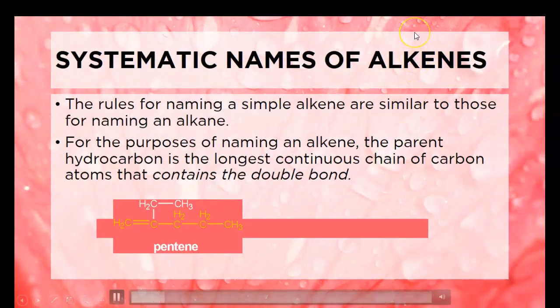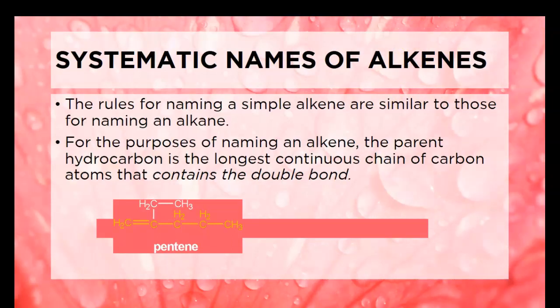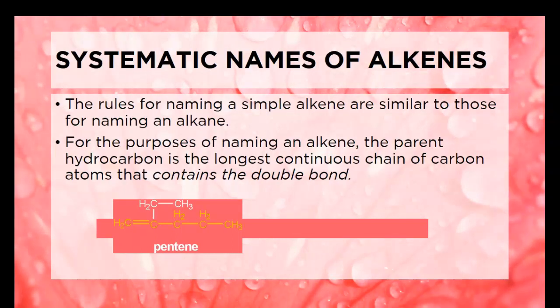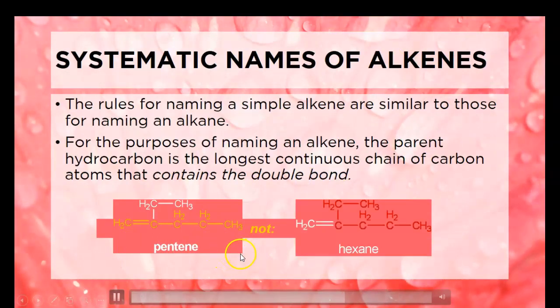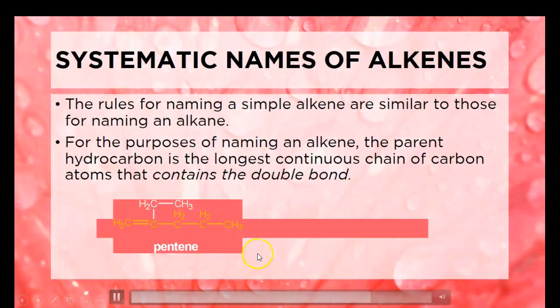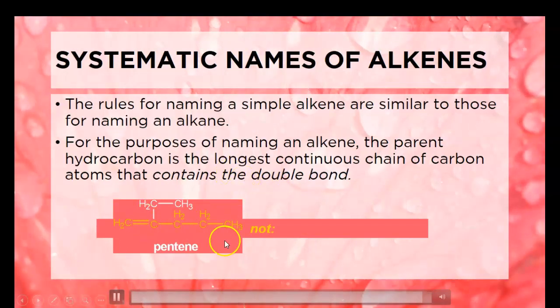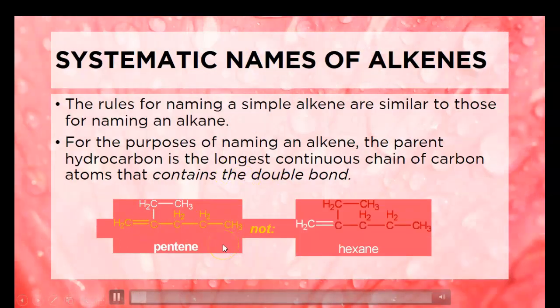So what's important to name the alkene is where that double bond takes place. So for instance, for pentene, if I name this, I could go left to right, or I could go right to left. I'm going to go left to right. Notice we have to name it by the double bond, first of all.